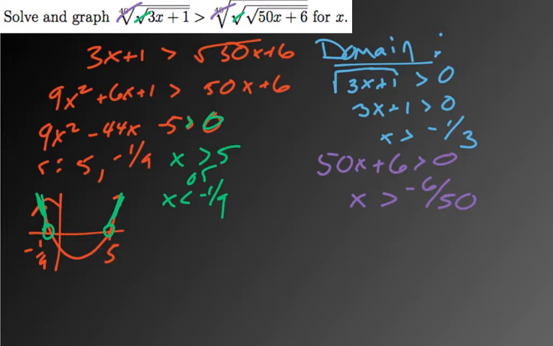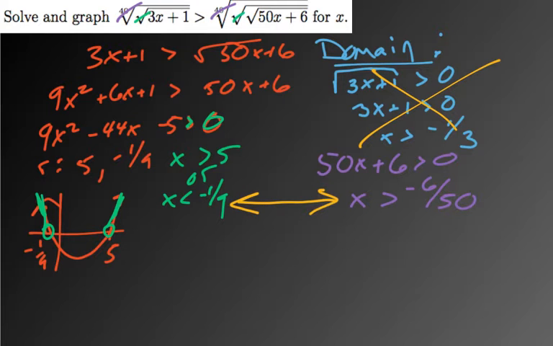We can even compare these two, because we need to make sure that whatever x we plug in works for everything. So you always need to take the more restrictive one. Since this is a smaller number than this, we don't even want that one. These two numbers are all that we will compare.